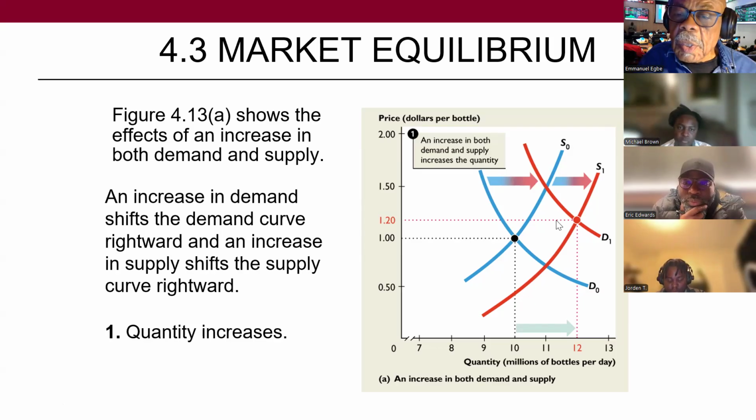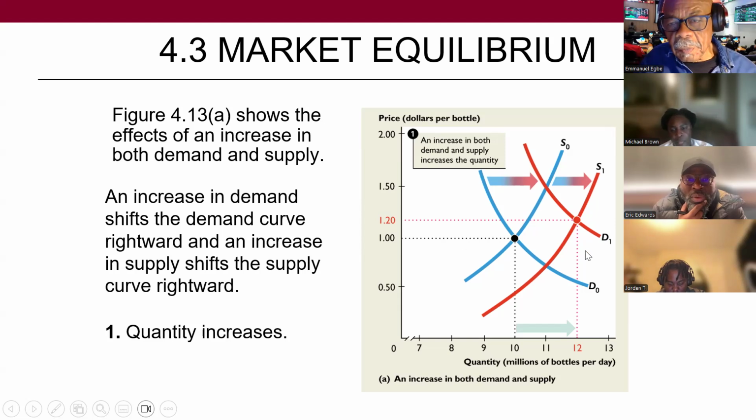But because the demand curve shifted a whole lot more than the supply curve shifted, the equilibrium price increased from $1 to $1.20. But it's entirely possible that this shift in demand could have been less. Or it could have been that the shift in supply could have gone further right. And if it goes further right, then the equilibrium price may not change.